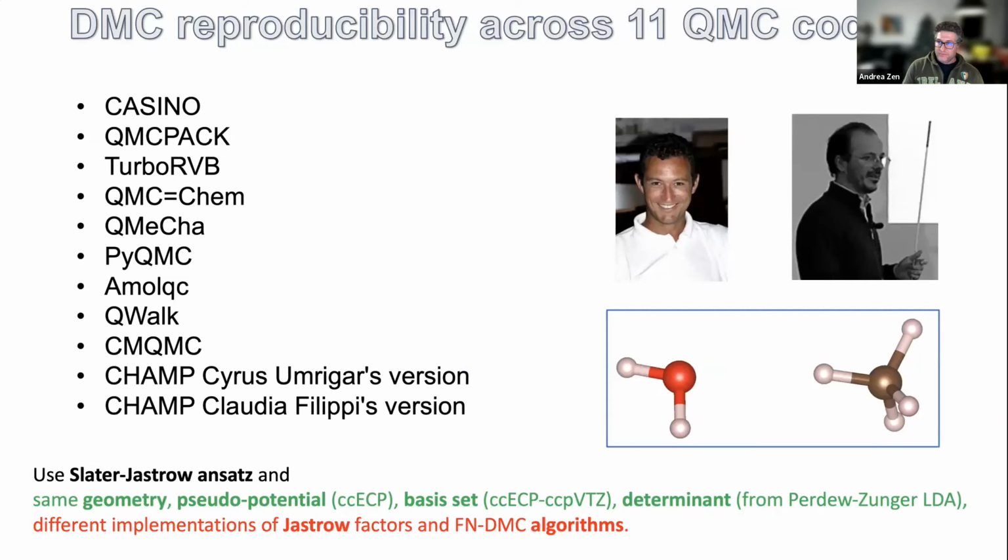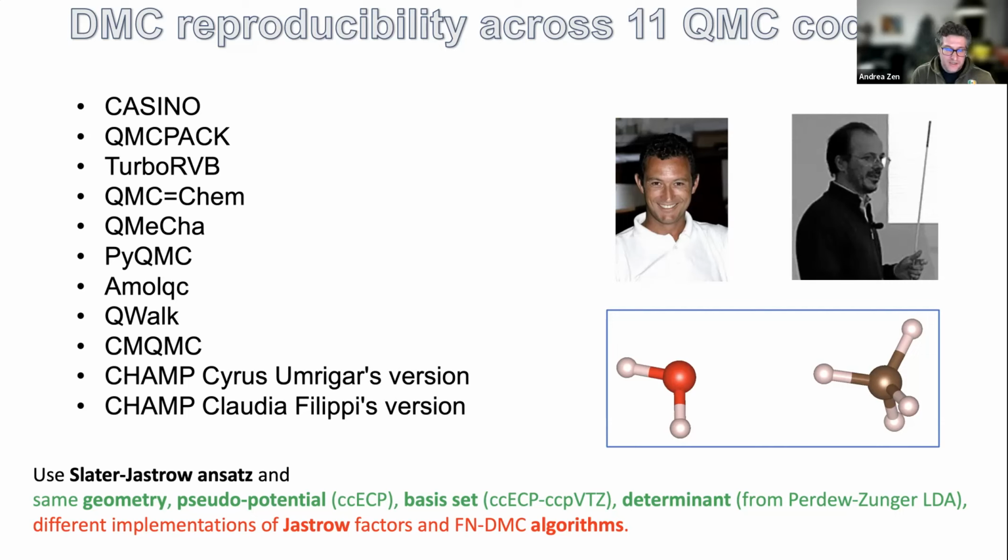And connected with the idea of comparing different codes, I'm working on a comparison between 11 different codes on the prediction of these interaction energies. This is something that started with Sandro Sorella and Dario Orfei. We were comparing Casino, QMCPACK, and Turbo RVB results in order to see if we were getting the same numbers.